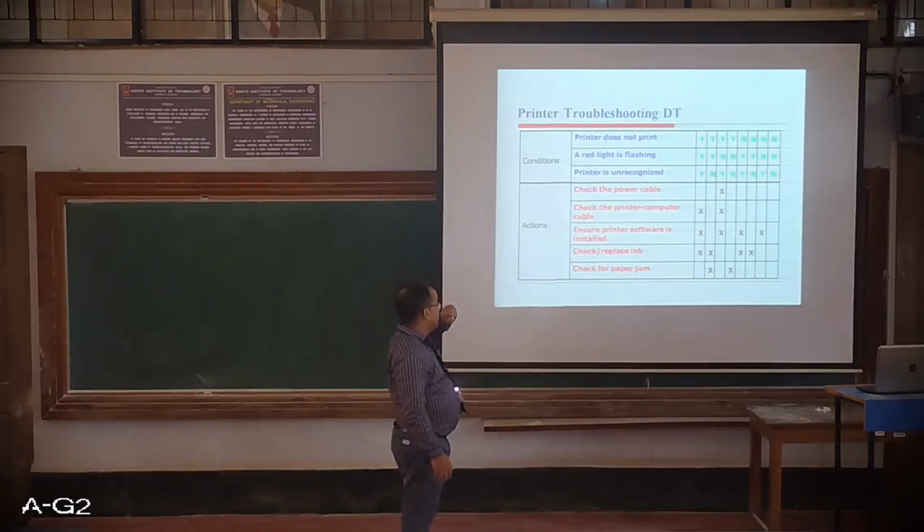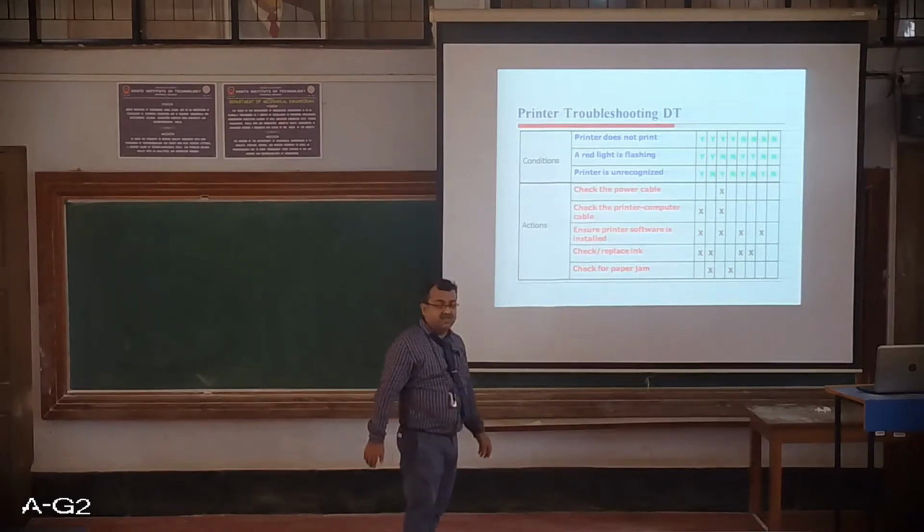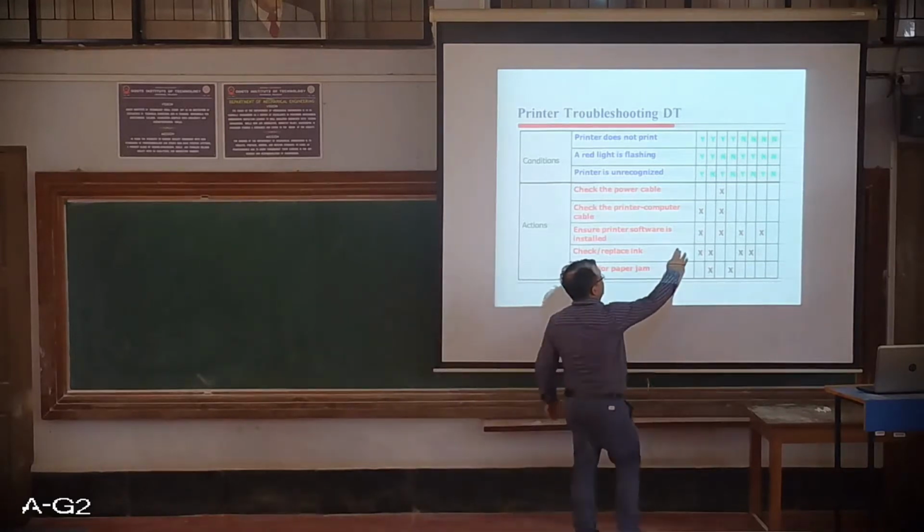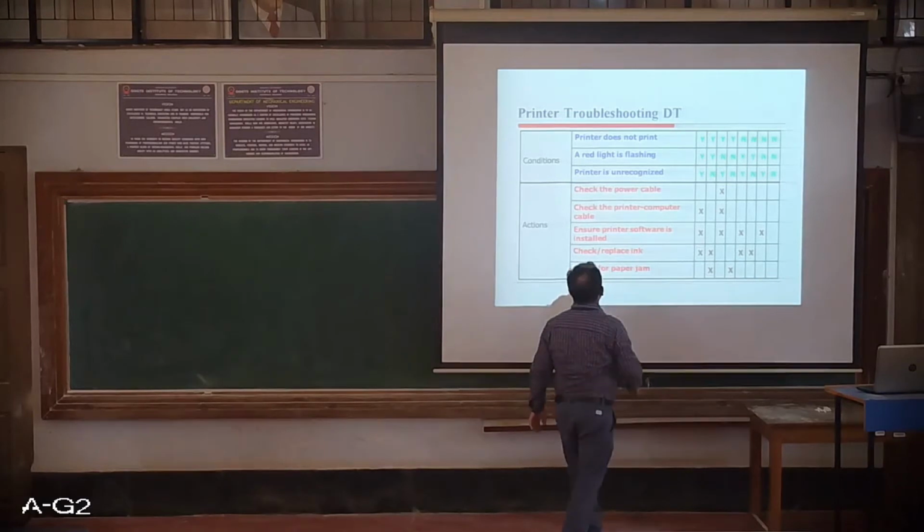Now, if all these three are yes, that is, printer does not print is yes, meaning true, printer red light is flashed is yes, and printer unrecognized is yes, then the actions that should be taken are these three. Now what are those actions?